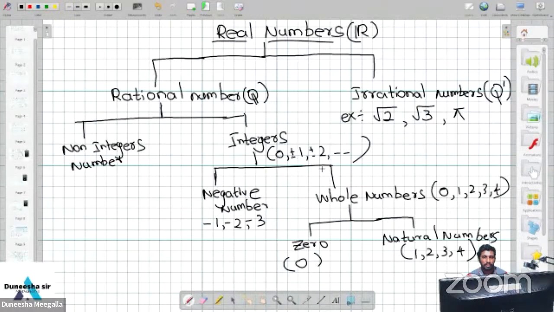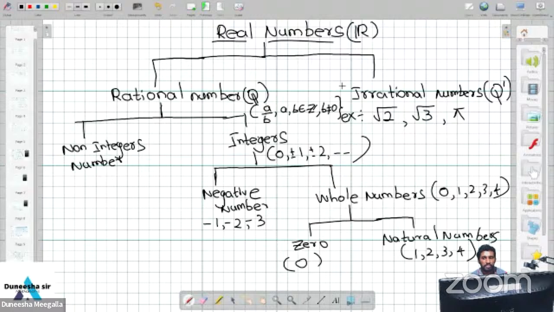Rational numbers, you can write like a divided by b, where a, b are elements of Z, b not equal to 0.